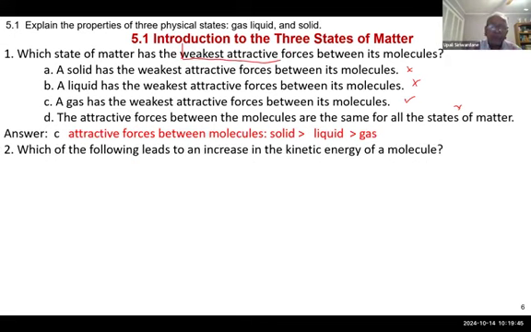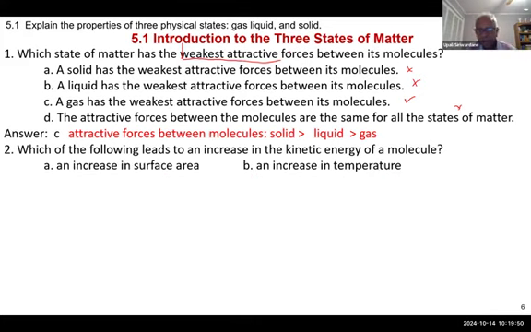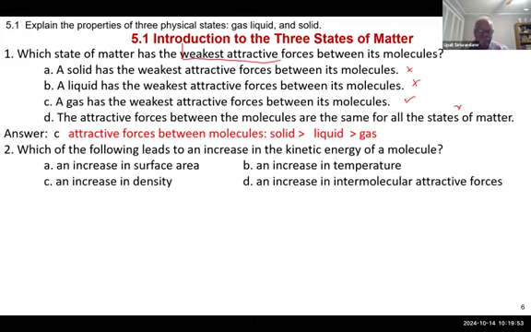Which of the following leads to increase in kinetic energy of molecule? This is kind of jumping into kinetic molecular theory. According to that, kinetic energy is energy of moving particles. It's calculated as one half mass times velocity squared.